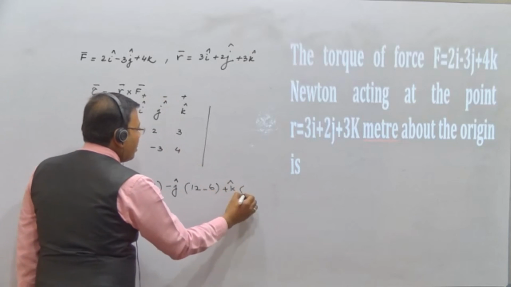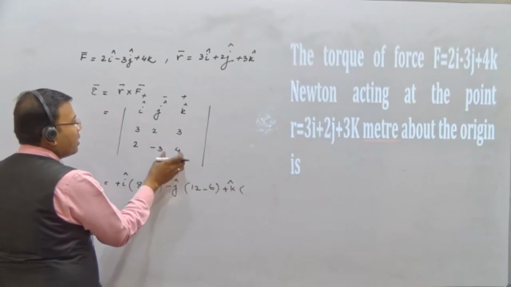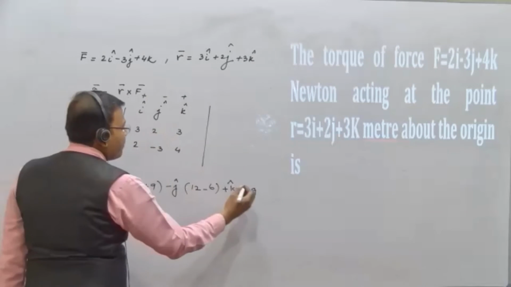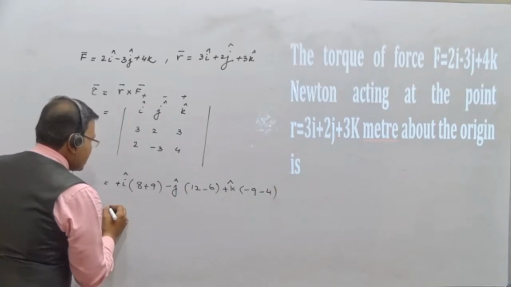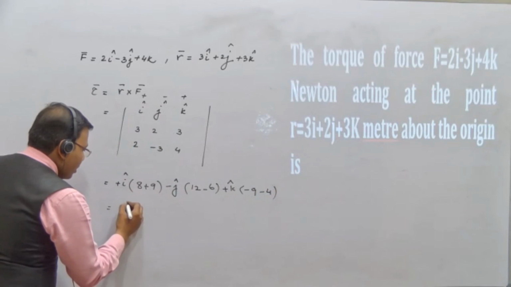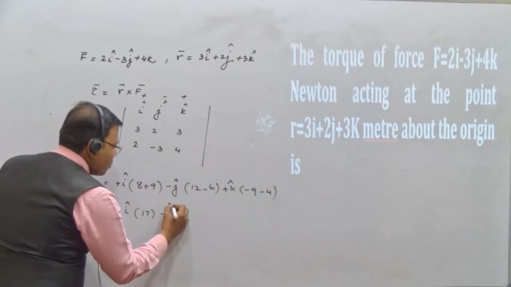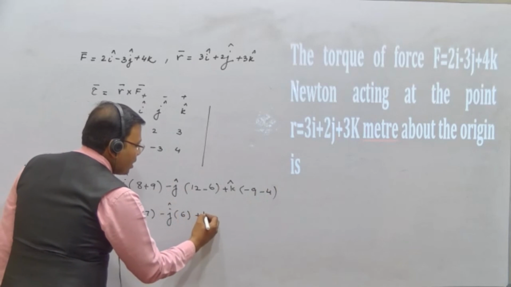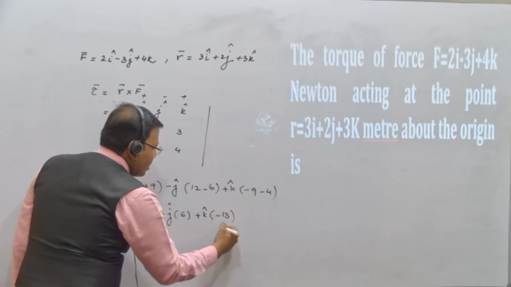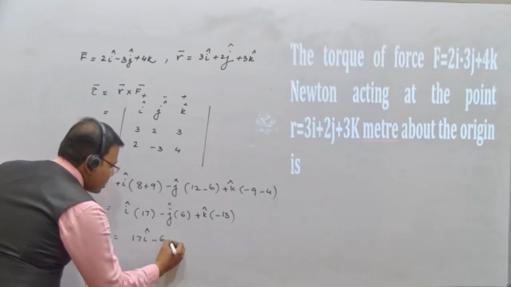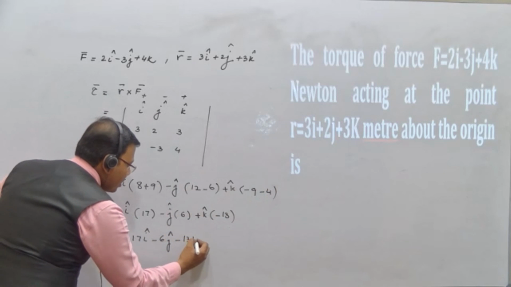Plus k, leaving this column: minus 9 minus 4, that is minus 13. So the answer here is i into 17 minus j into 6 plus k into minus 13. So the answer is 17i minus 6j minus 13k.